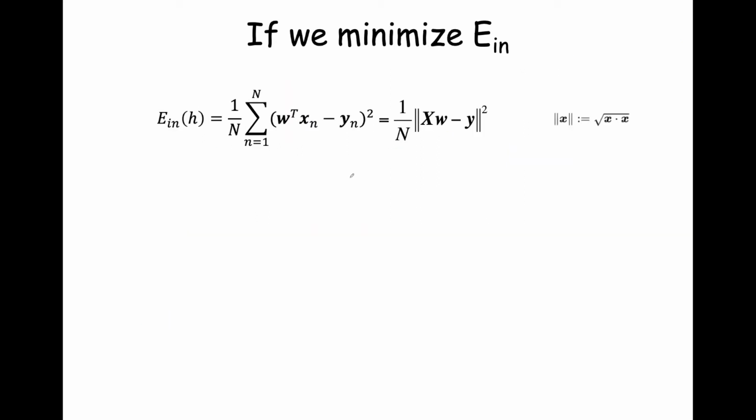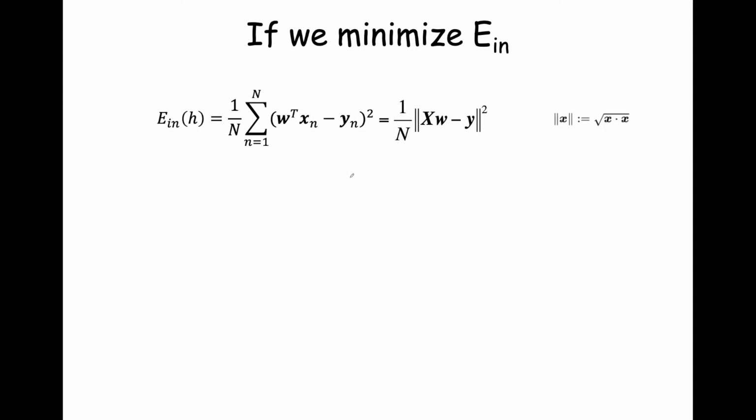All right, so here's my expression for in-sample error, and essentially what I want to do is find the W vector that minimizes in-sample error, because that minimizing W vector is going to correspond to the final best hypothesis.